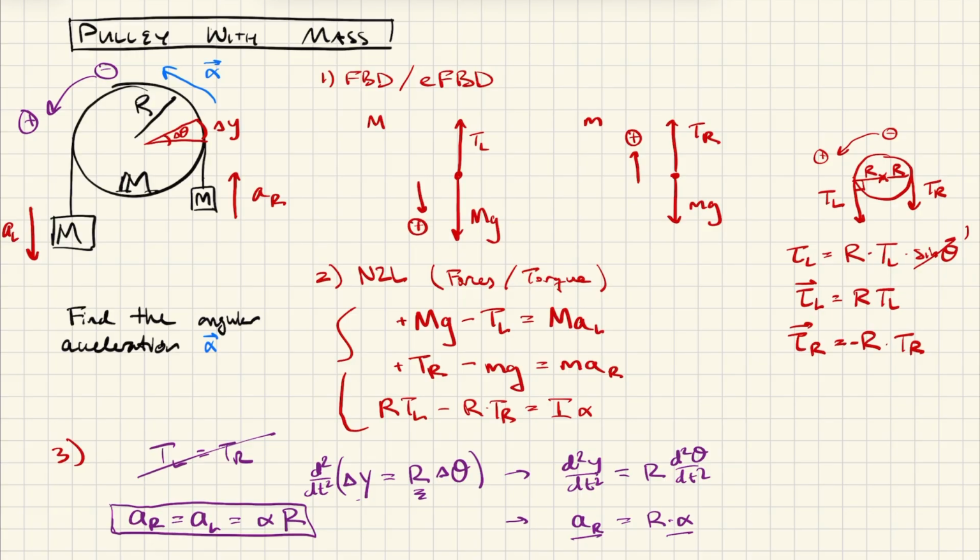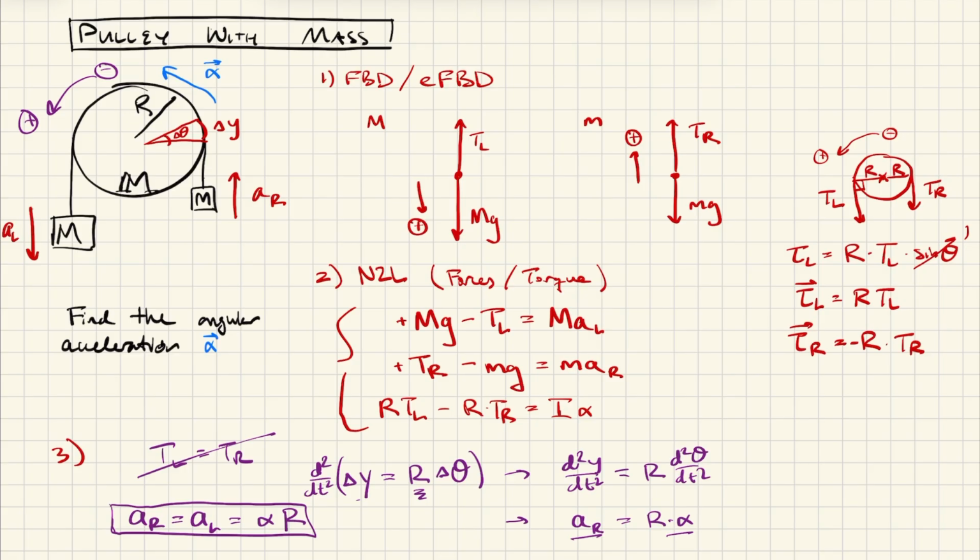And so this is the important thing for solving problems with pulleys that have mass, right? We want to be able to relate the rotation of the pulley to the actual linear translation of the masses that are hanging. Okay, so let's try substituting this constraint in, and then we'll take stock and see whether our equation is solvable or not.